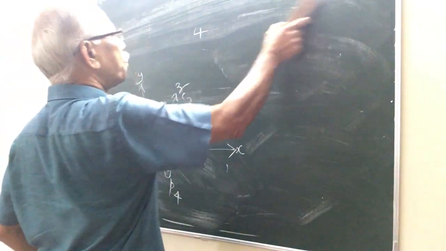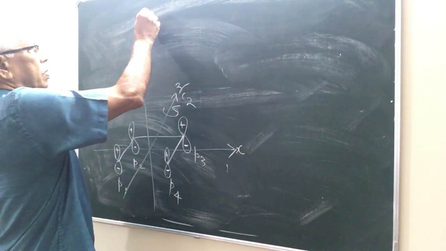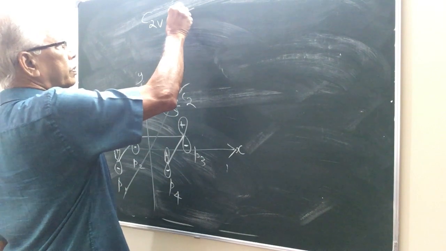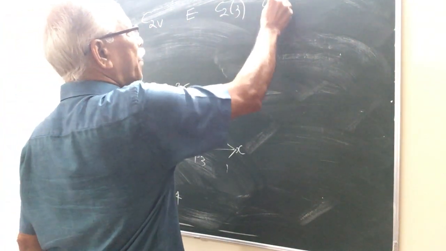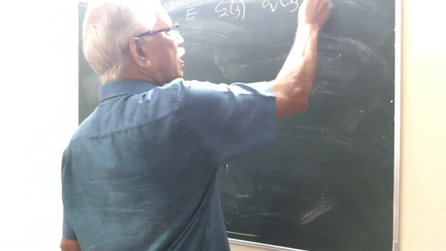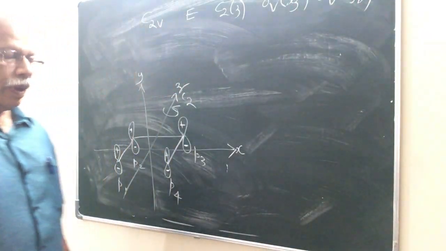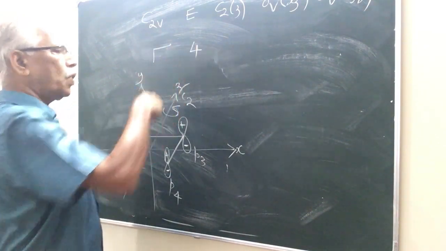So I'll rub it off and write class-wise C2V operations: identity, C2Z, sigma V XZ, sigma V dash YZ. 1, 2, 3, 4. So under identity it is of course 4.